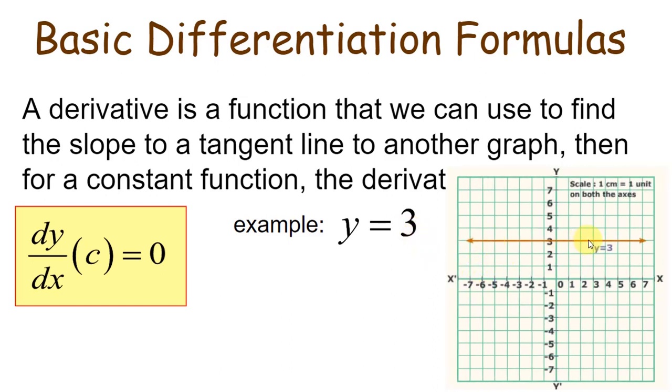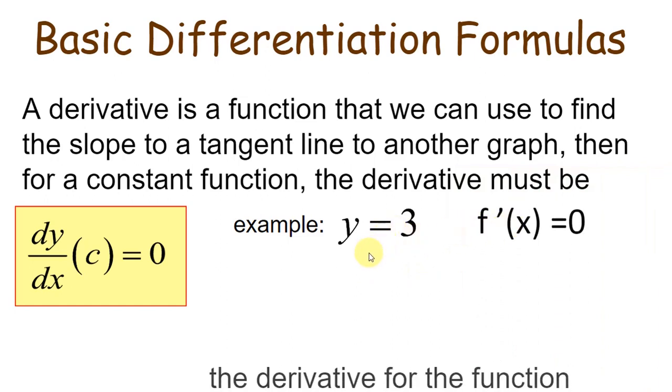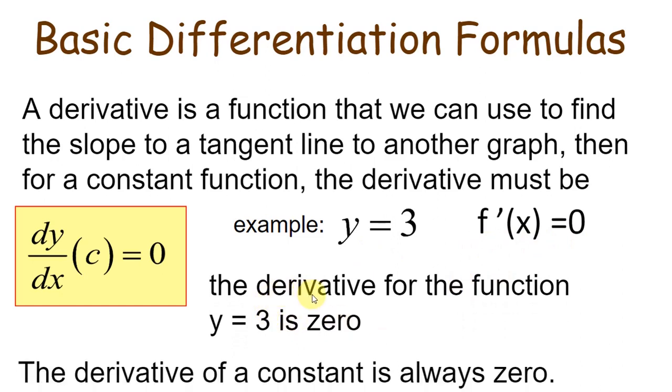Now imagine a tangent line at any point on here. A tangent line means it touches the line at one point. But anyway, a tangent line is going to have a slope of 0. And so the slope of any constant is going to be 0.